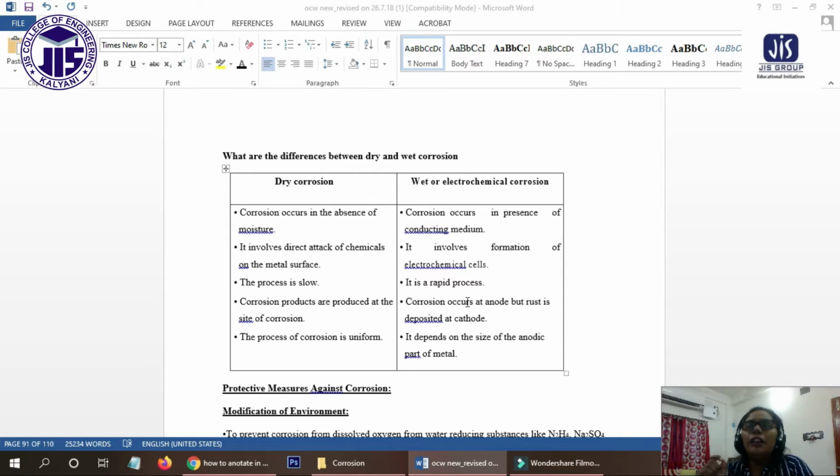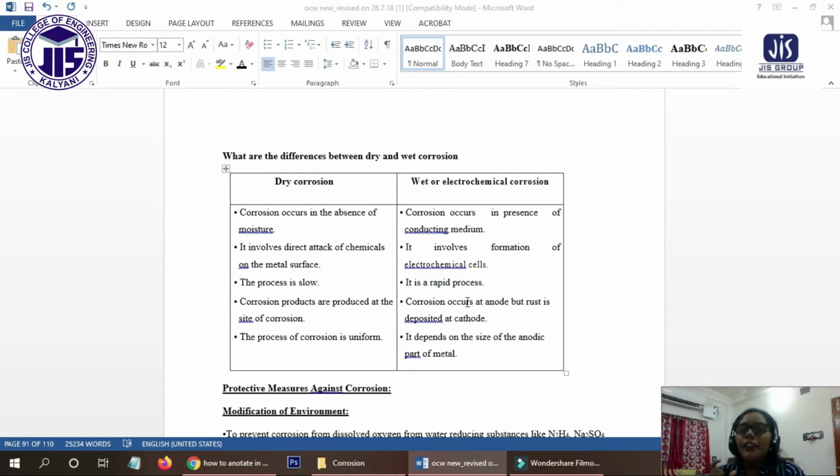While we are checking the reaction mechanism of wet corrosion, we can see that one anodic condition is there, one cathodic condition is there, and one electrolytic solution is there. So all these things construct a cell-like structure. That is why it is called electrochemical corrosion.